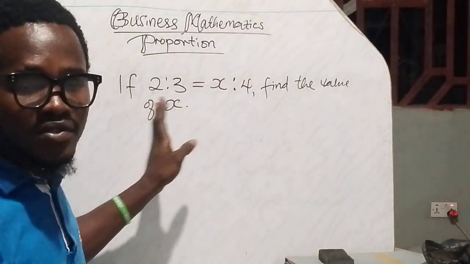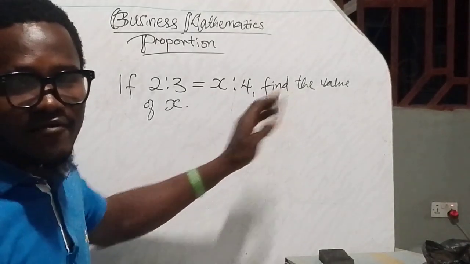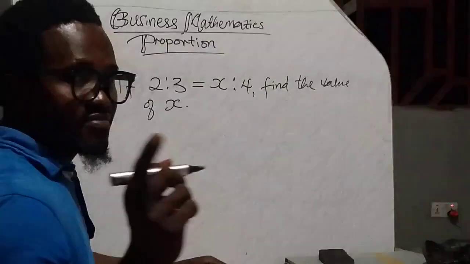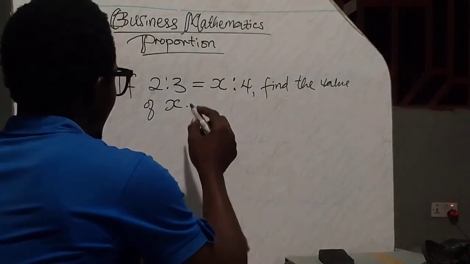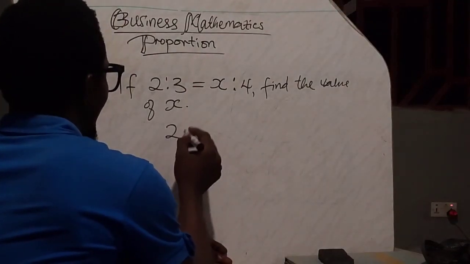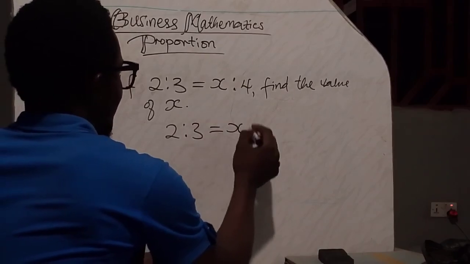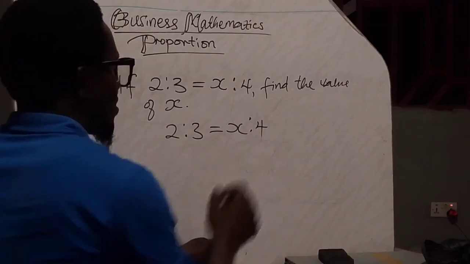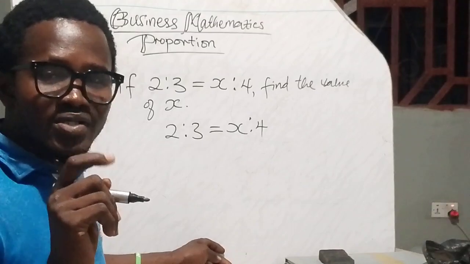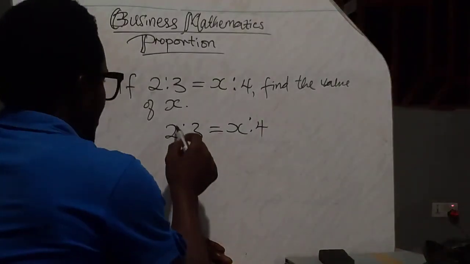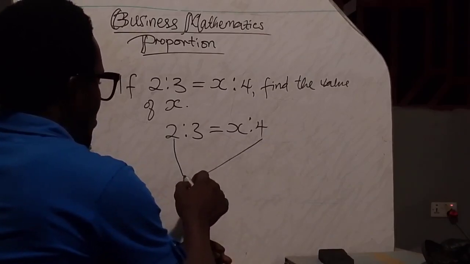The problem is saying if 2 is to 3 is equal to x is to 4, find the value of x. There are things I need you to understand. First of all, let us bring the problem. 2 is to 3 is equal to x is to 4. Can you see this 2 and this 4?